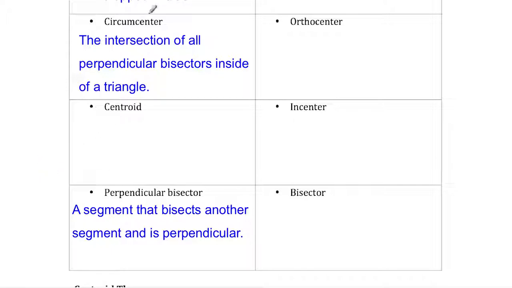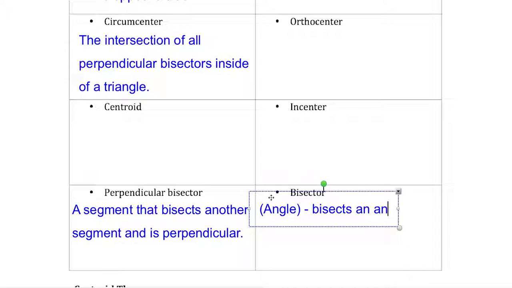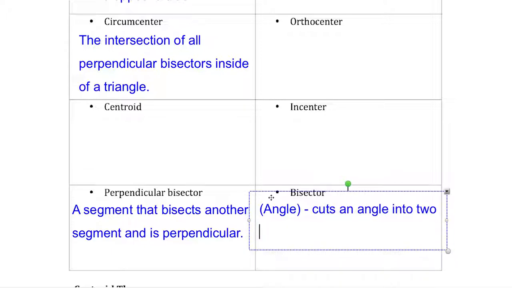A bisector, well, we could have an angle bisector, which bisects an angle. It cuts an angle into two equal halves.